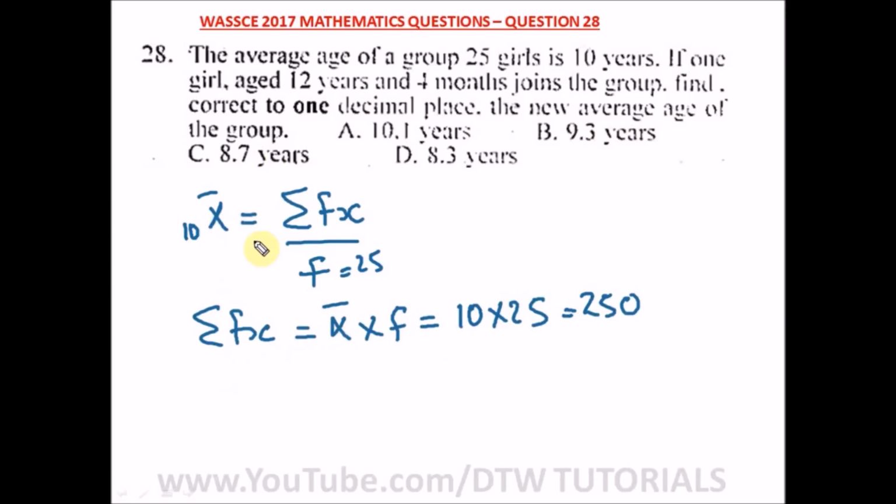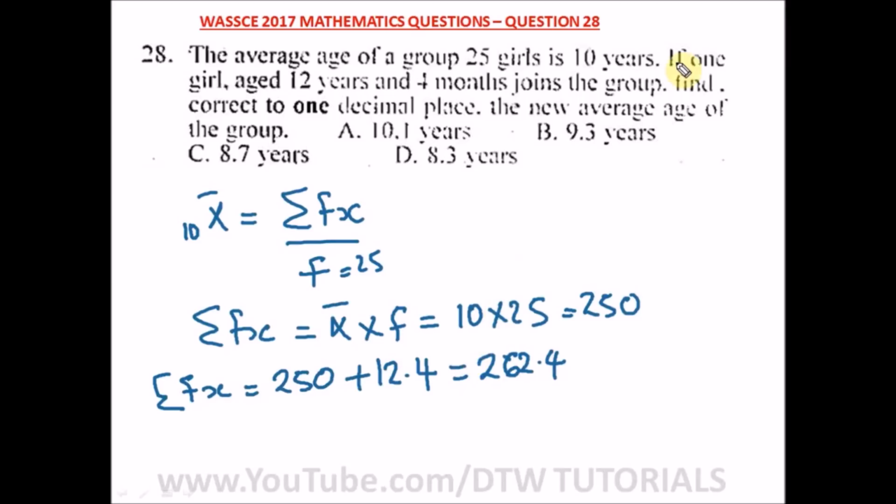To get our new fx, it is 250 plus 12 years plus 4 months, which is 12.4, and that will give us 262.4. And we would add 1 to the total number of girls, so our F is 25 plus 1, which will give us 26.